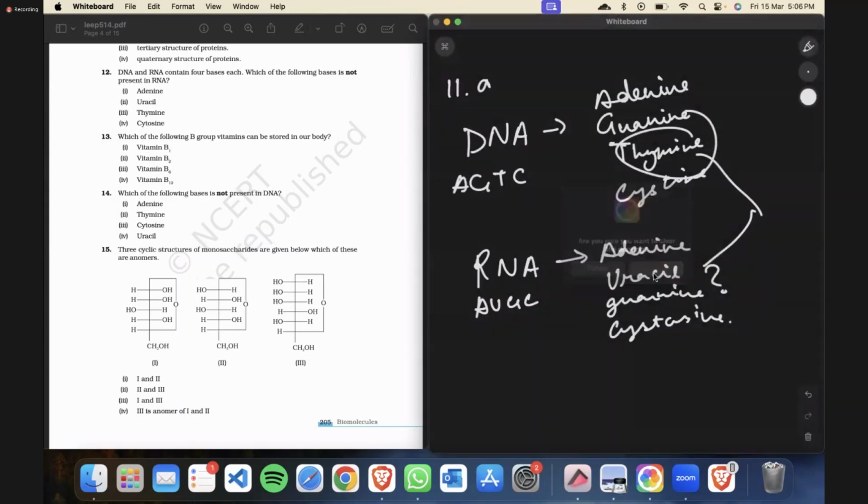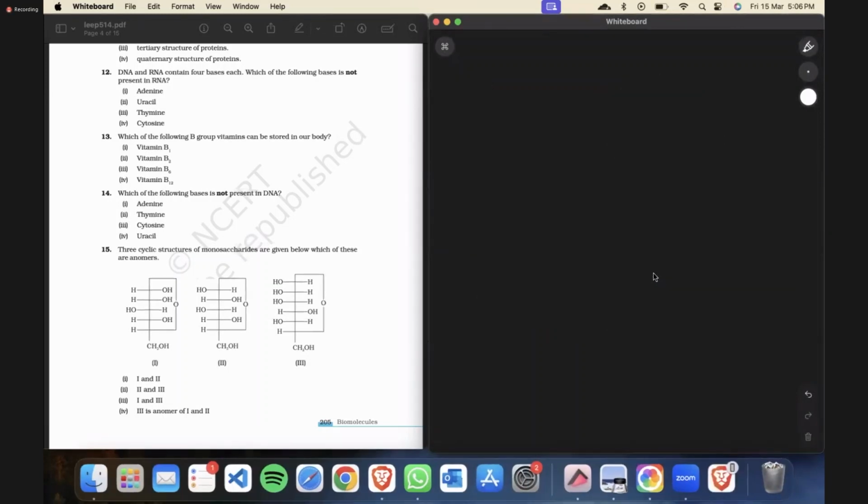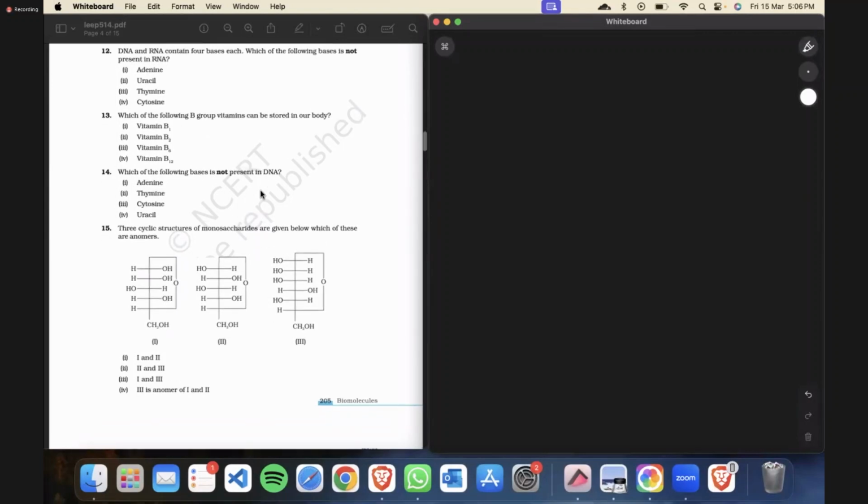All right. Now next up is question number 13. Which of the following B group vitamins can be stored in our body? Vitamin B12 can be stored in our body because it is what?